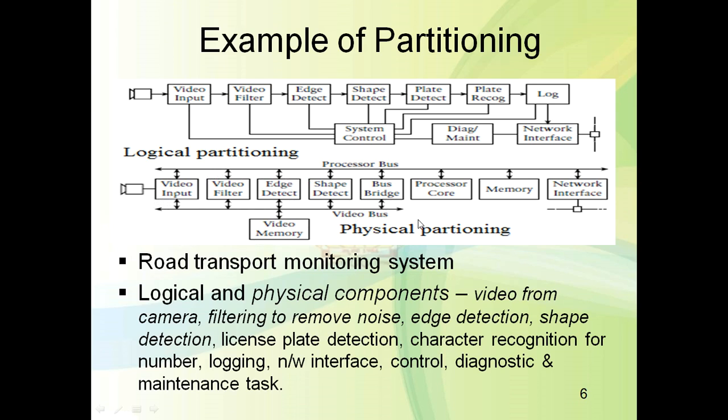Then whatever software we require, we can manage with the processor core and memory. So from this, we can see this is the logical partitioning and this is the physical partitioning, and there will be a correlation with the hardware software partitioning.